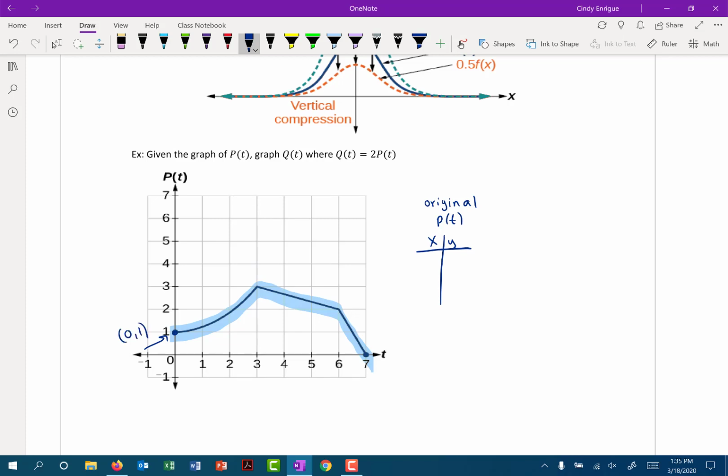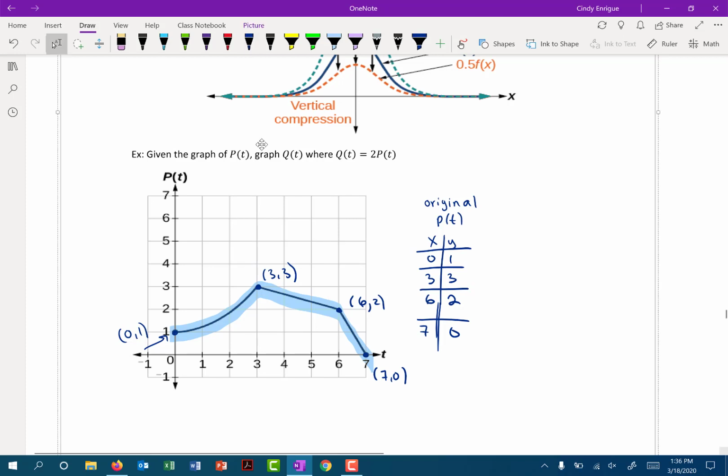So I'm going to go ahead and write that down, 0, 1. This point in here is a 3, 3. So I'm going to go ahead and write 3, 3. And this point right here is a 6, 2. So we'll have 6 and 2. And my other good point is right here, which is a 7, 0. So 7, 0. So those are all of my original points.